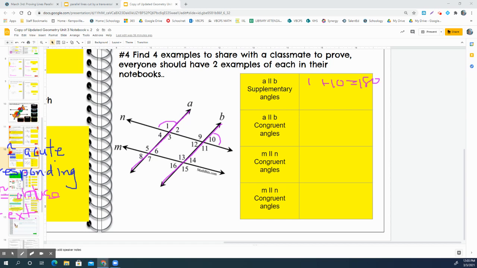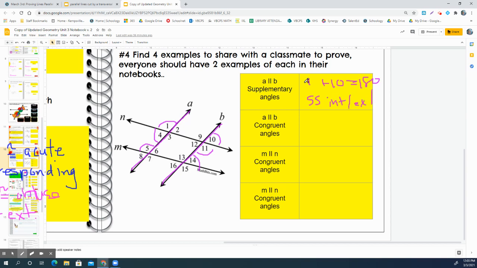I see 1 and 5, and 5 and 14, and 4 and 11, and 5 and 14. Ooh, 5 and 14 was popular. 5 and 14, I 100% agree with. 5 and 14 and 4 and 11 is another fantastic choice. So we're using same side exterior, right? Same side, either interior or exterior angles.